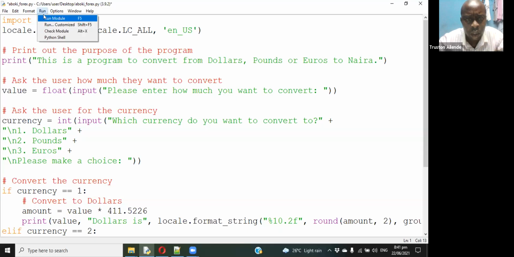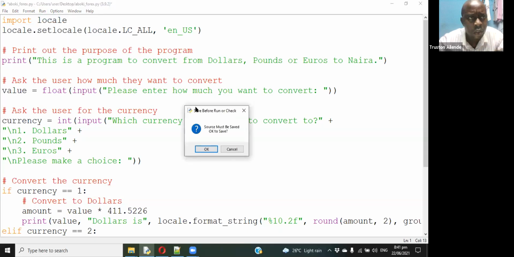Okay, nobody did. Okay, let's go. Let's open the Python shell.